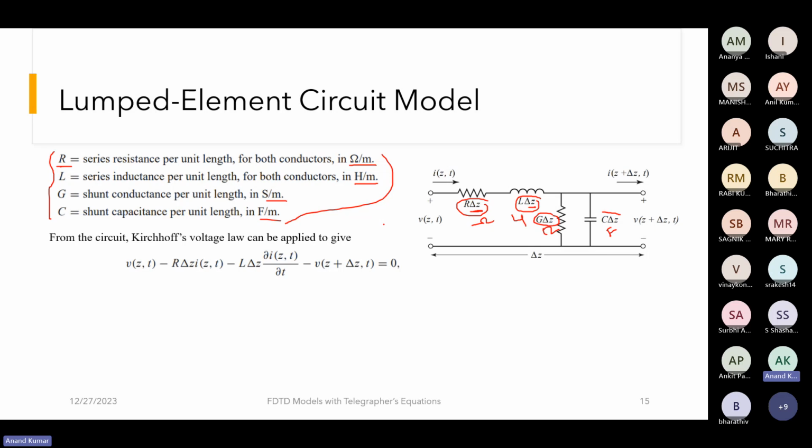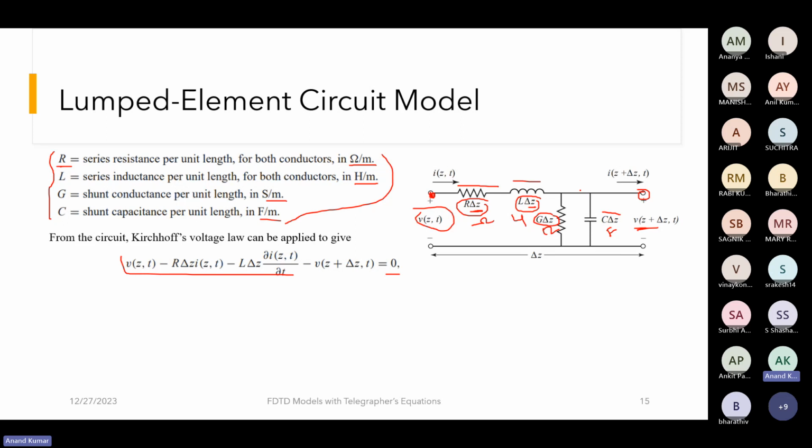Now, if we apply Kirchhoff's voltage law across the circuit, then we have voltage on this node as V(z,t), and then subtracting the voltage drop across this resistor and this inductor we reach this node, and its voltage over here is V(z+delta z,t). So writing it down, we get this equation over here.